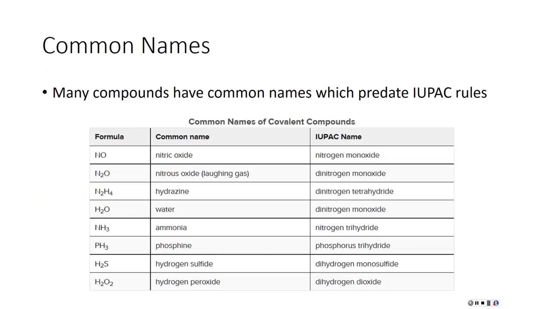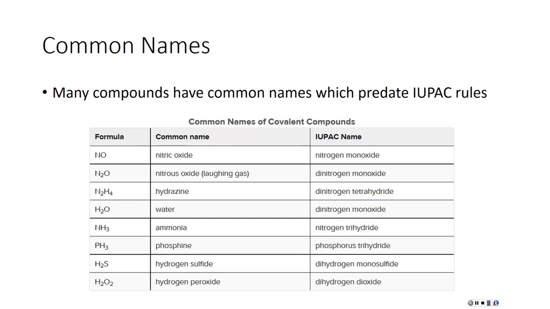Now, as you are aware, water, for example, we don't use the proper name of water except probably in jokes. That's the only time I've ever seen the true IUPAC name. IUPAC is what we call the naming that we're learning here. But oftentimes, for a lot of different compounds, there are common names as well. These likely existed before the IUPAC conventions.